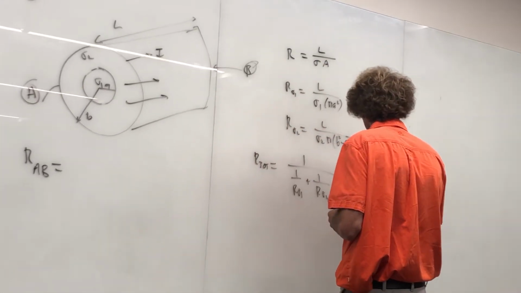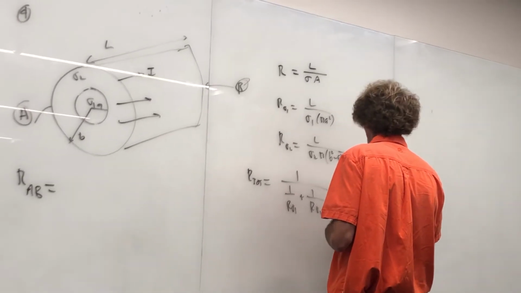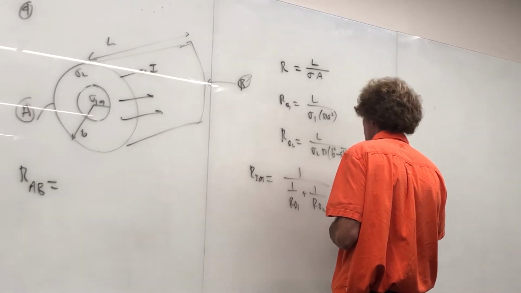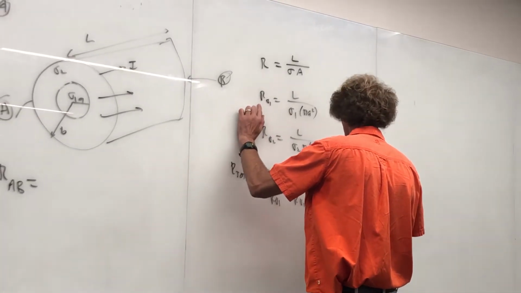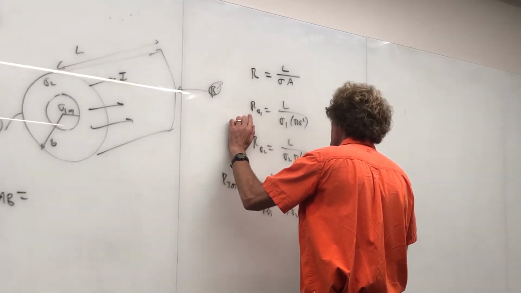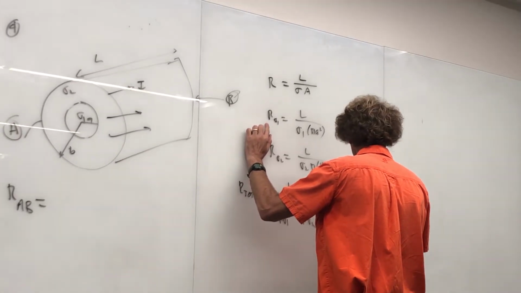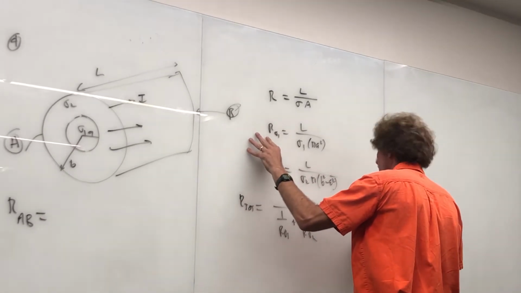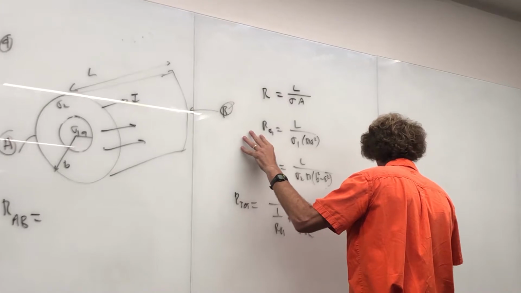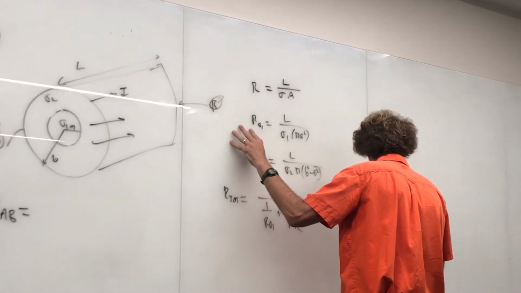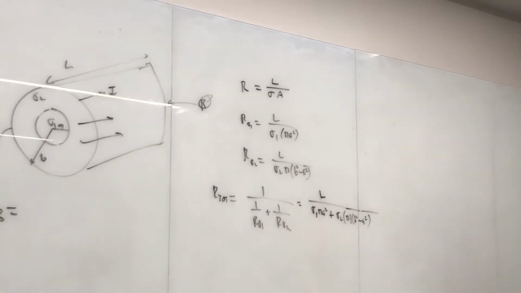So 1 over R is sigma 1 pi a squared over L, since L can come on top, plus sigma 2 pi times b squared minus a squared over L, and that is the resistance. Do you all see this, class?